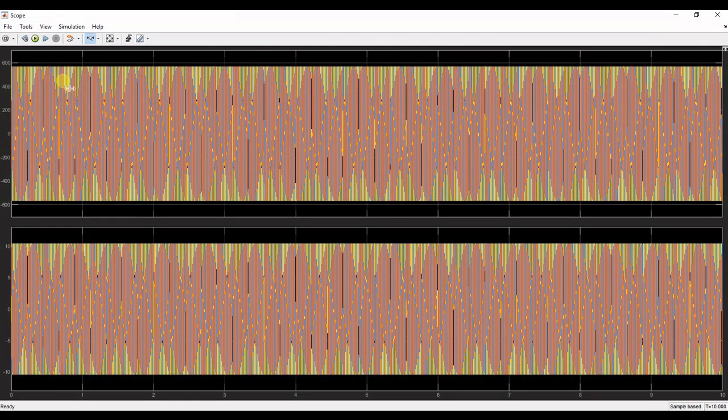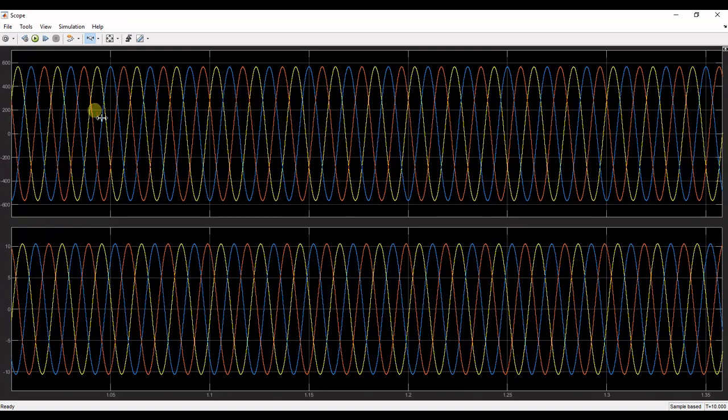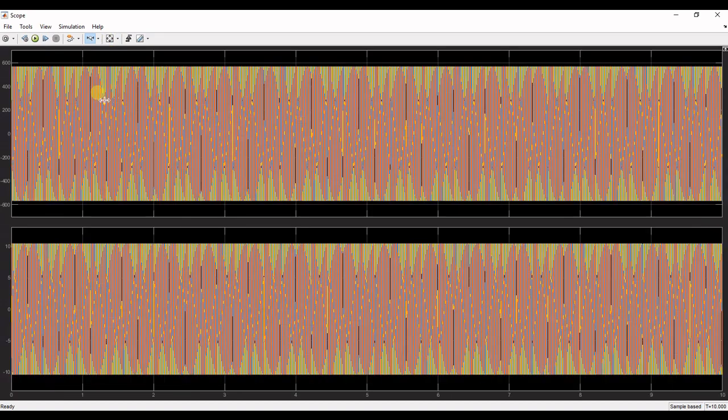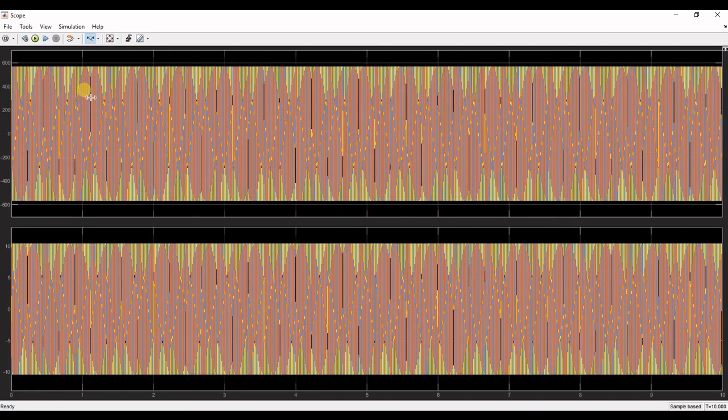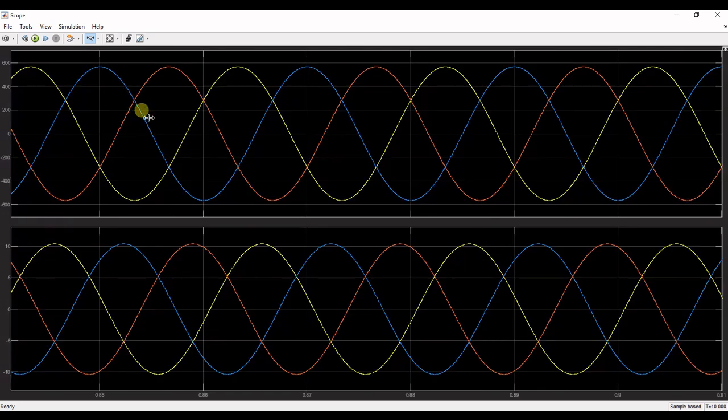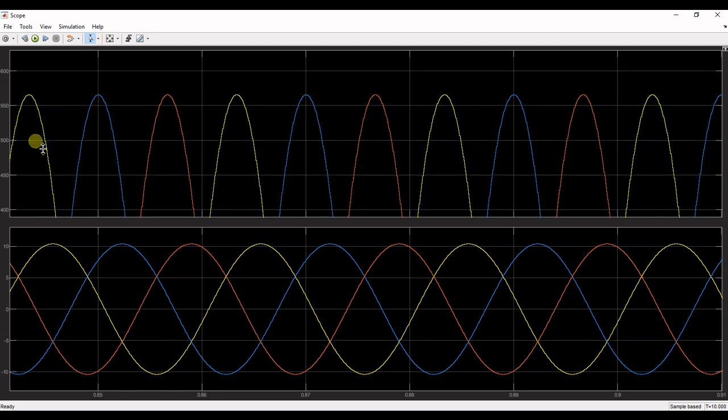So now we have the result with pure sinusoidal, and the waveform is now smooth as compared to the previous one. Here we will see the peak, how much peak it is giving.